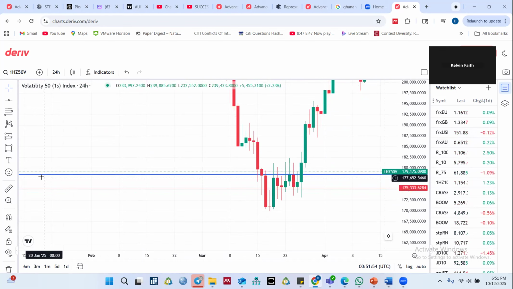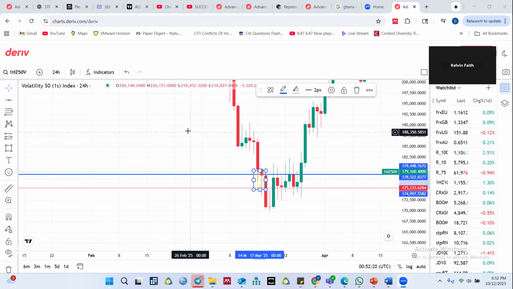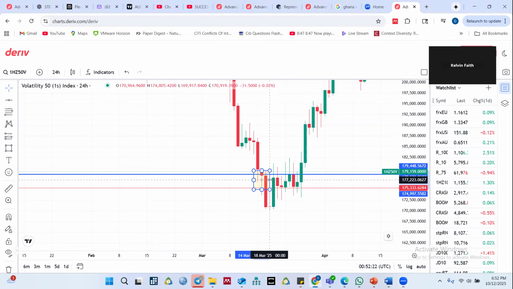If we look here closely, we can see that when price was coming down and got to the blue line, it hit it, even through to the red line. It hit it through to the red line and rejected.